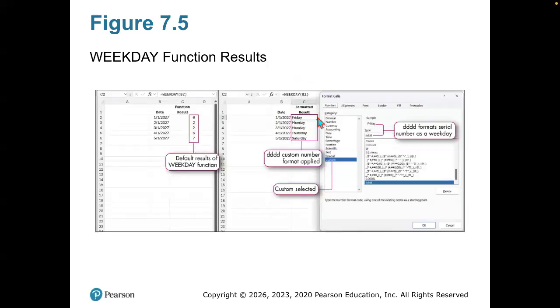Or if I want, I can have that formatted. We know we can format any of these numbers into anything that we need. If I have integers by default and I go to the Format tab, aside from formatting it in the ways that we're familiar with, like number, currency, accounting, etc., I could also choose this custom option and have it specified with DDDD, which gives us a corresponding weekday.